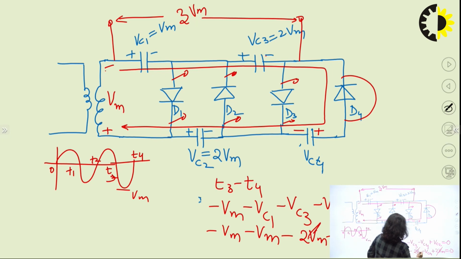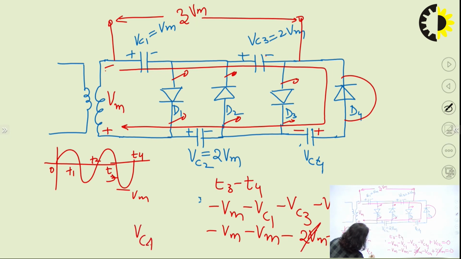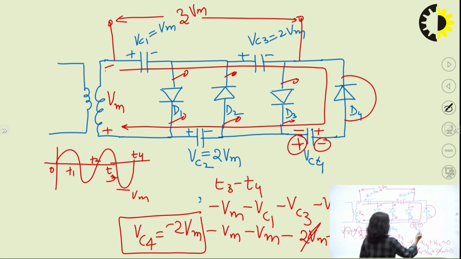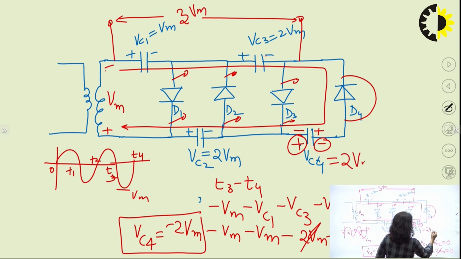So this minus will get cancelled and Vc4 is equal to minus of 2 Vm. Again here existing the minus sign, so we have to change the sign across this capacitor. We have to interchange this sign and the value comes out to be 2 Vm.